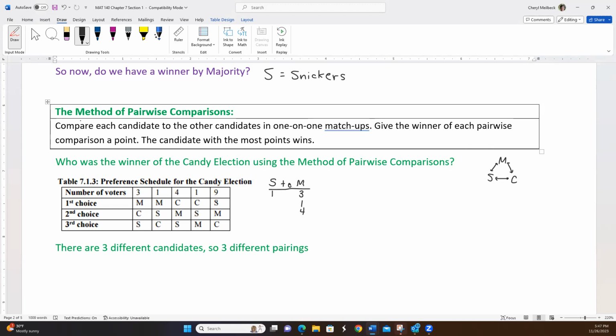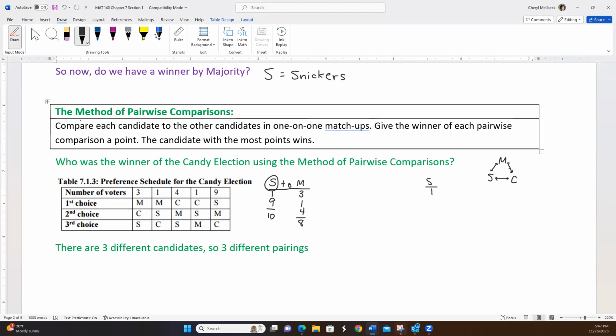And in my fifth column, S is in first and M is in second, so S won and gets those 9 points. If we add these up, S gets 10 points and M gets 8 points. So S won. In my tally, S has 1 point.